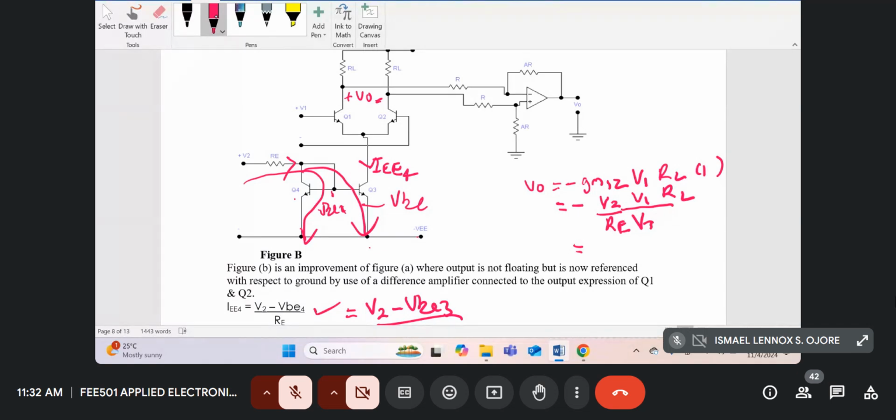So the output can be written as minus K V1 V2, where K takes into account all that. And that's just the output V naught of the differential amplifier. We studied the difference amplifier earlier on, so I won't waste my time on how to get from here to here.